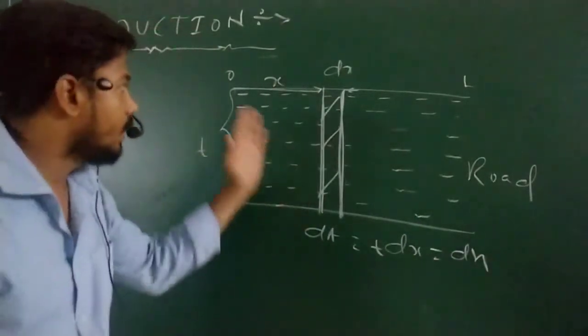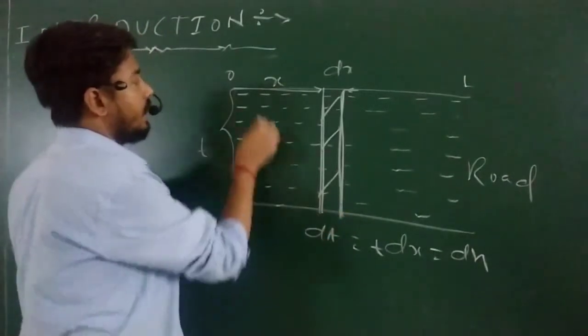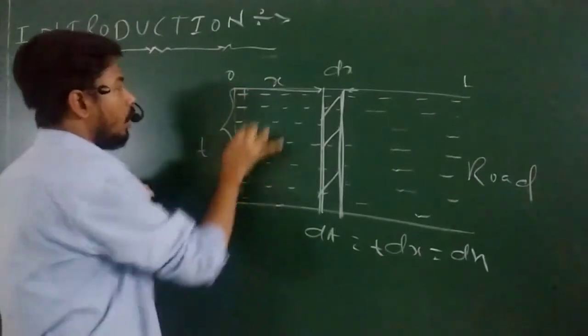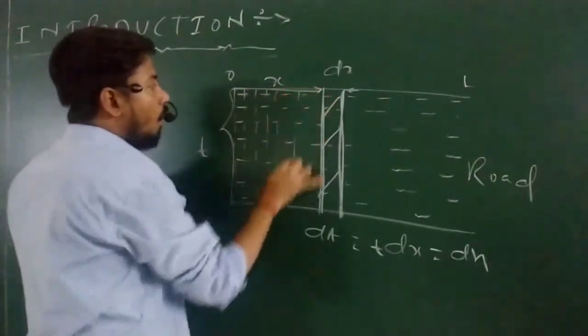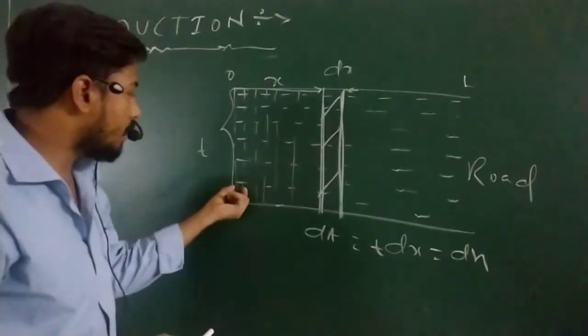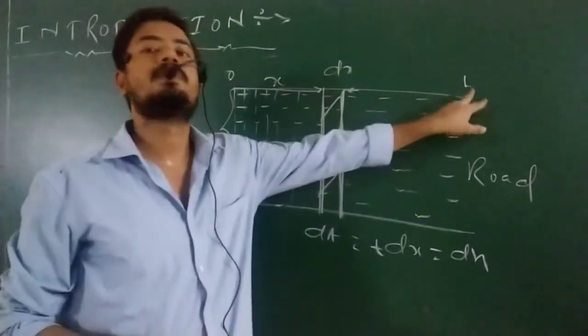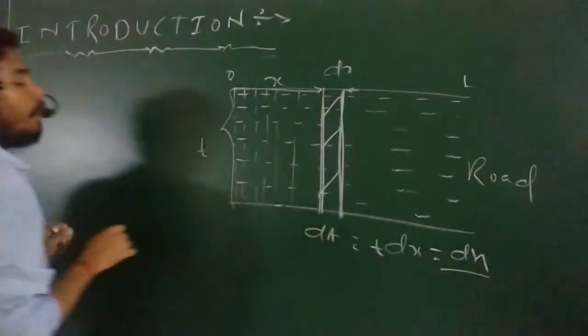Now we can say this road is made up of a lot of small areas like that. Now we have to add the number of marbles in this one, this one, this one, till here. It means in each small area there are dn marbles and we have to add them.